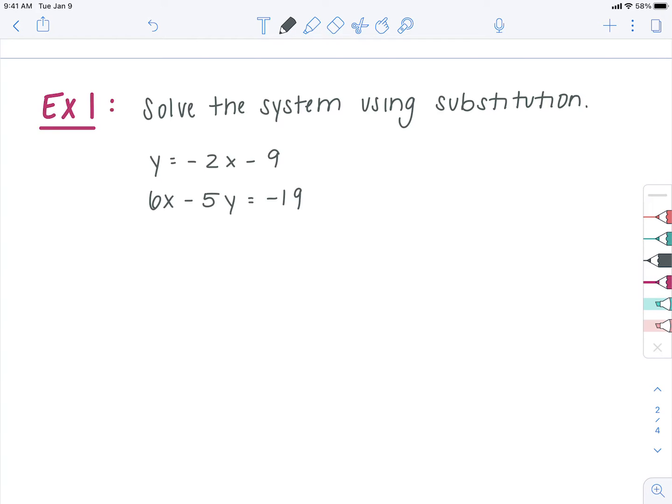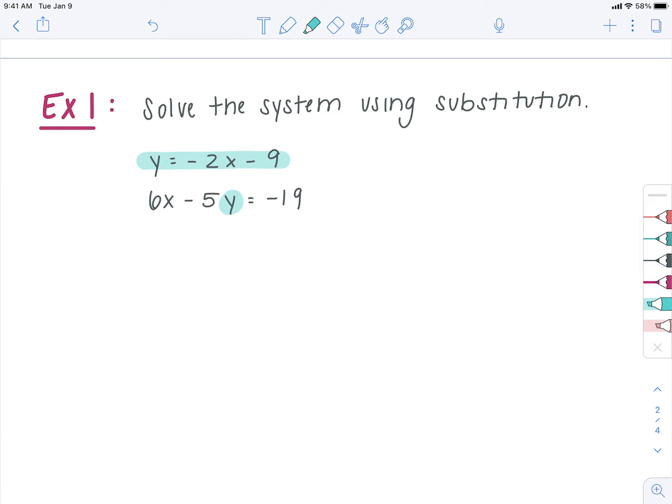So I have a y all by itself in the first equation, but then I have x and y together in the second equation. So what I'm going to do is take my first equation, y equals negative 2x minus 9, and everywhere that I have a y in my second equation, I'm going to substitute in my first equation.